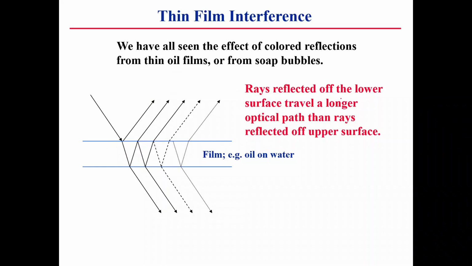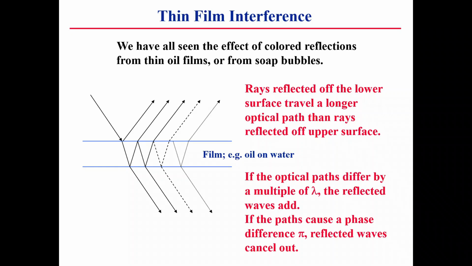The rays that have gone the long path and reflected off of here before they come back up here travel a longer distance, so they're going to have a phase variance because of that distance. If they differ by a multiple of lambda, then you're going to get an increase in the amplitude of the waves. But if you have an exactly 180 degree, or pi, difference, then they are going to cancel out entirely.